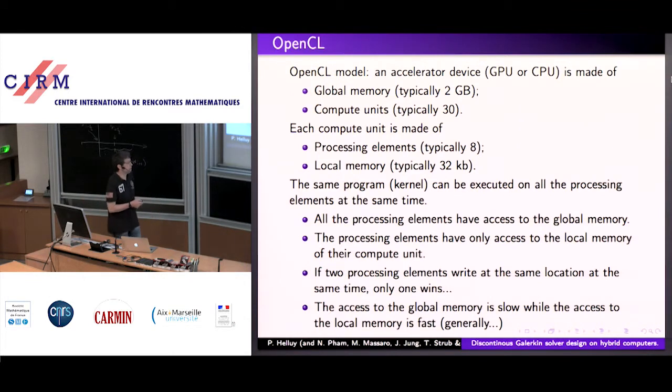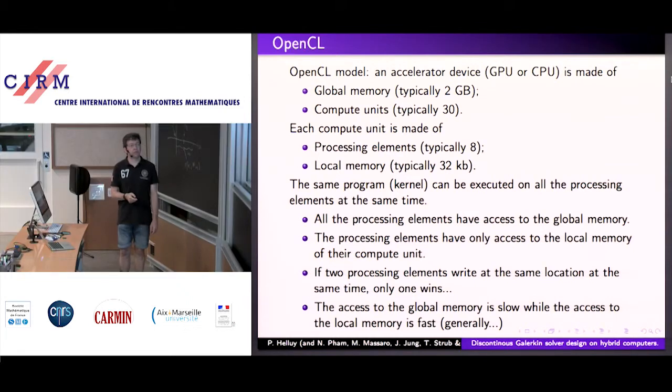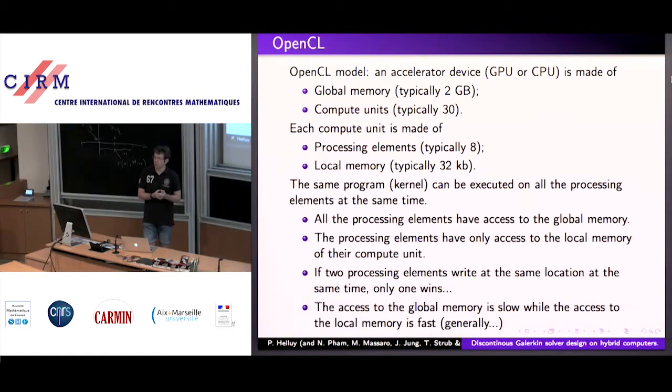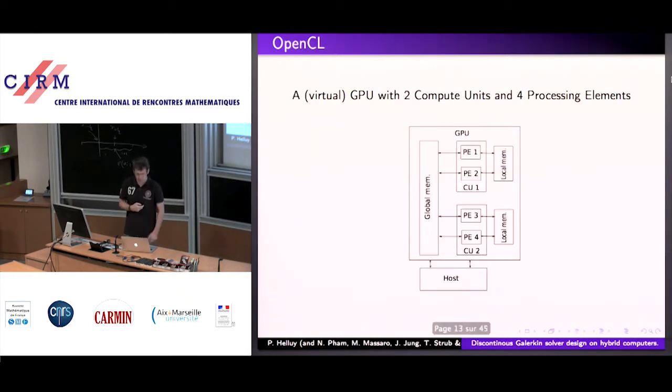Here, I have written "generally" because you have some architectures, such as the recent Intel Xeon Phi, for which this constraint is no more true. You can have a fast access to the global memory because the cache memory is managed by the Xeon Phi. Okay. So here you have a picture to explain.